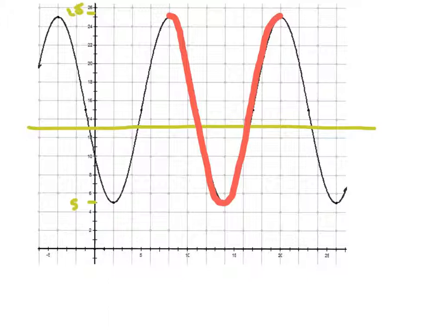So my length right here is 5, 6, 7, so this is at 8. This is 15, 16, 17, 18, 19, 20. And so my period for that one cycle of my graph is 12.